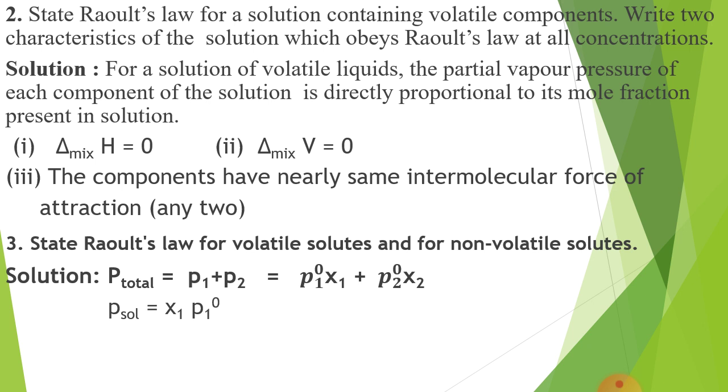For a solution of volatile liquids, here components are volatile. The partial vapor pressure of each component of the solution is directly proportional to its mole fraction present in the solution. This is the statement of Raoult's law.